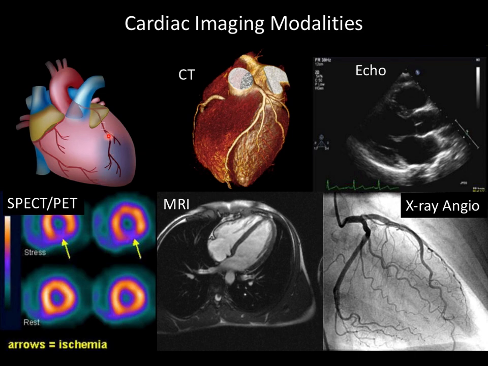And what is essentially depicted here in a blue color is a region of the left ventricle that is not getting enough blood flow. And the reason it is not getting enough blood flow is there is a stenosis, or a narrowing of the primary coronary artery that is feeding that section of tissue.